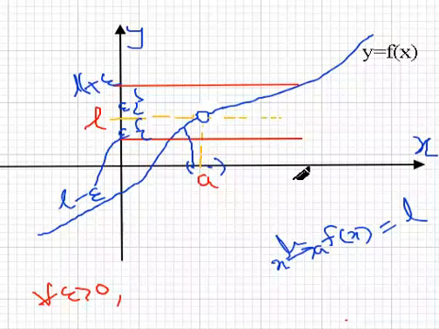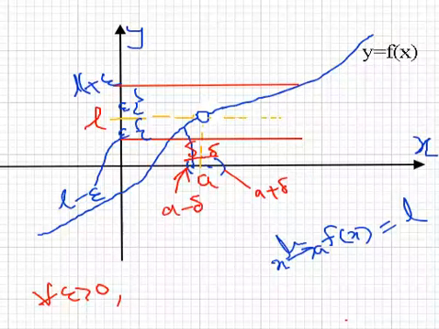That means the width on each side is delta, and this point is a plus delta, and this one is a minus delta. So the limit of the function at a is equal to L, right?